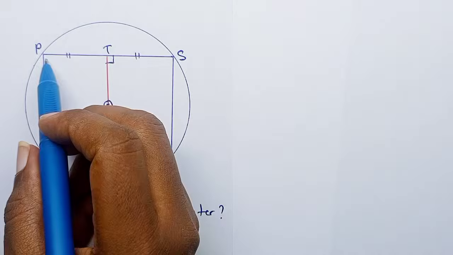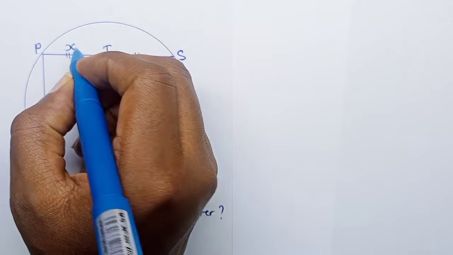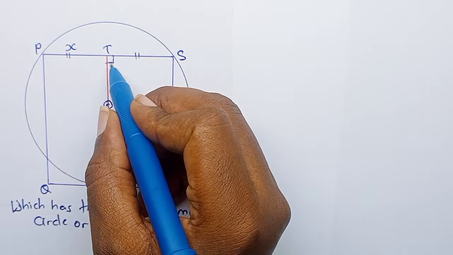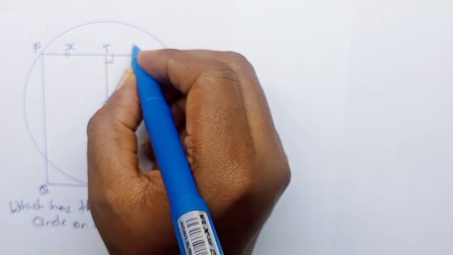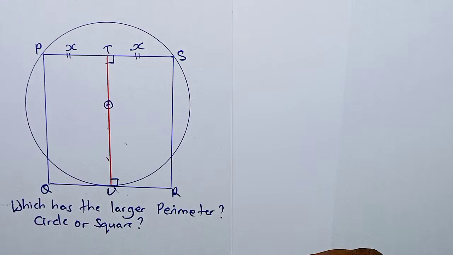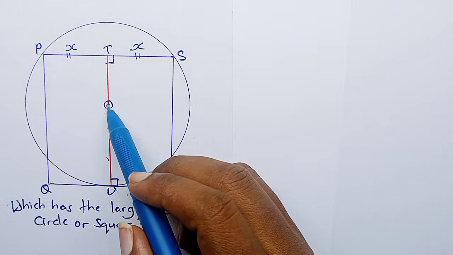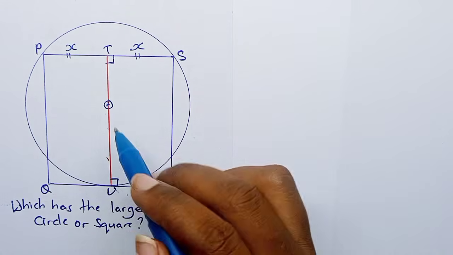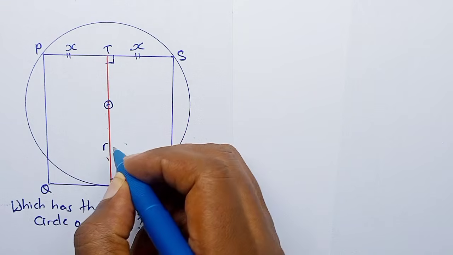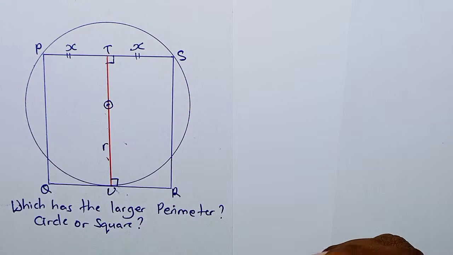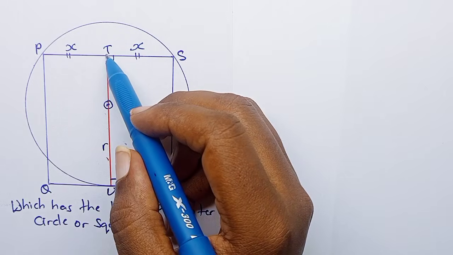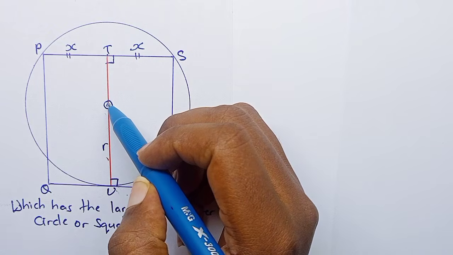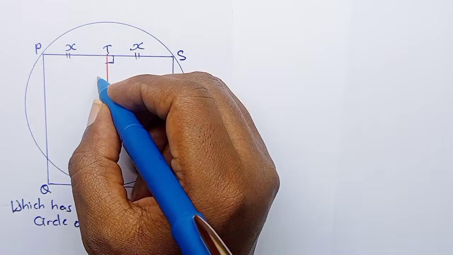So let's assume that PT is X. If PT is X, that implies that TS is also X. As we know, this is the center, so OU is the radius of this circle. Let's call it R. Now let this remaining portion from point T to point O be called Y.